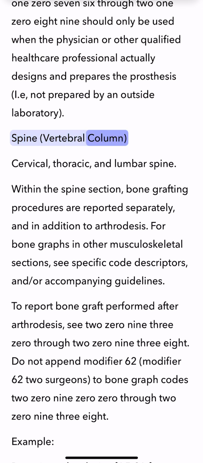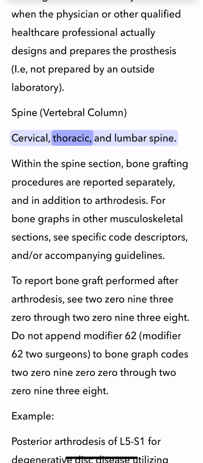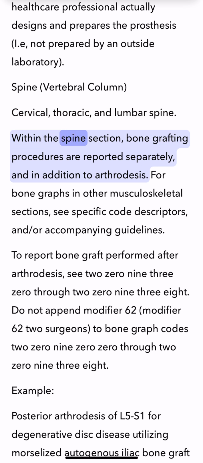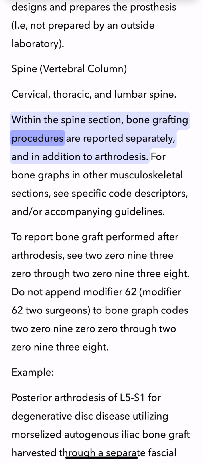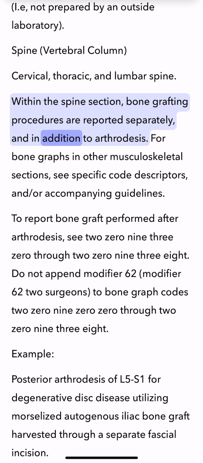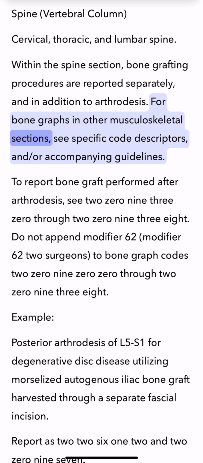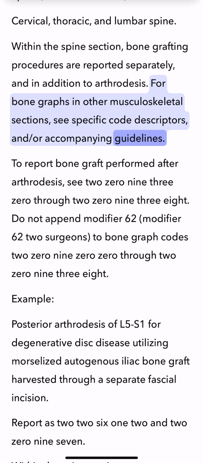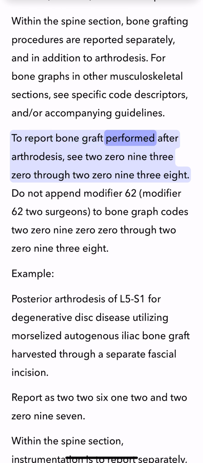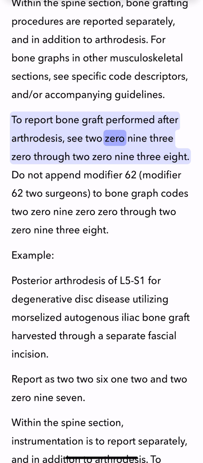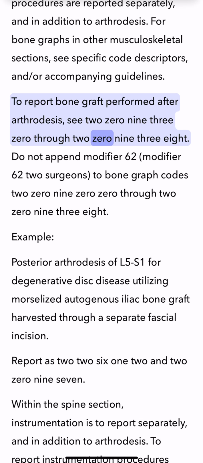Spine, vertebral column, cervical, thoracic, and lumbar spine. Within the spine section, bone grafting procedures are reported separately, and in addition to arthrodesis. For bone grafts in other musculoskeletal sections, see specific code descriptors and/or accompanying guidelines. To report bone graft performed after arthrodesis, see 20930 through 20938.